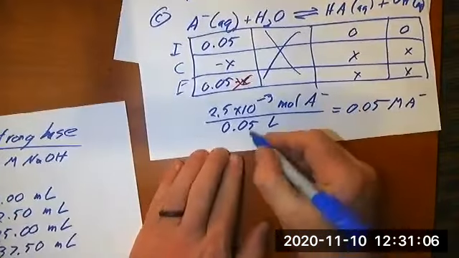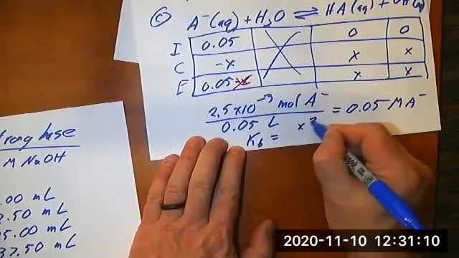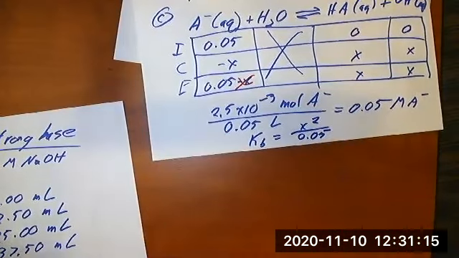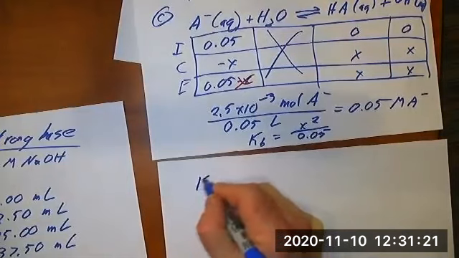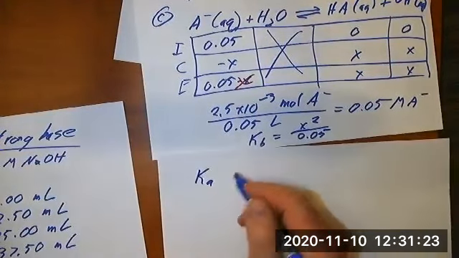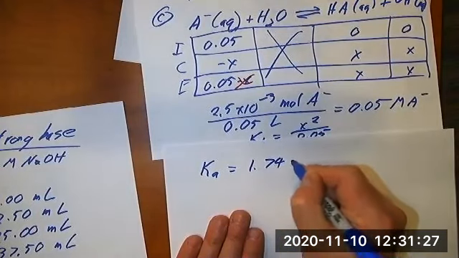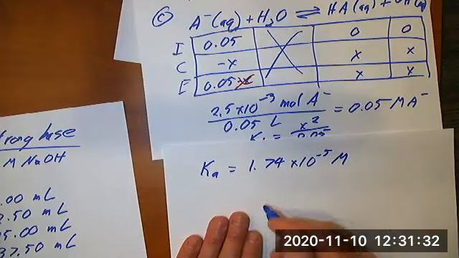And so we need our Kb to be x squared over 0.05. But now, what is our Kb? Well, we have the Ka is equal to 1.74 times 10 to the negative 5 molar.